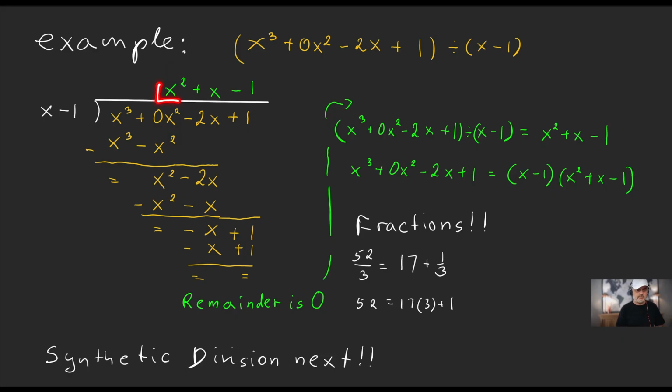So once you place the answer, you reverse. You multiply x squared times x, which is x cubed, and x squared times negative 1, which is negative x squared. And you subtract. So you underline, you put the subtraction symbol, and then you go x cubed minus x cubed is 0.